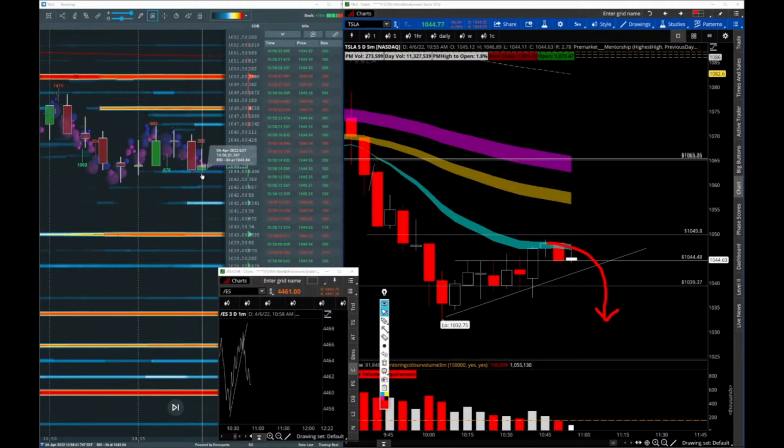So I don't see any kind of big buyers over here. Only 100 shares, 200 shares. So watching for this 1043 breakdown.